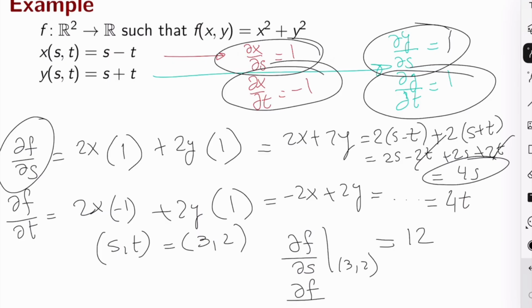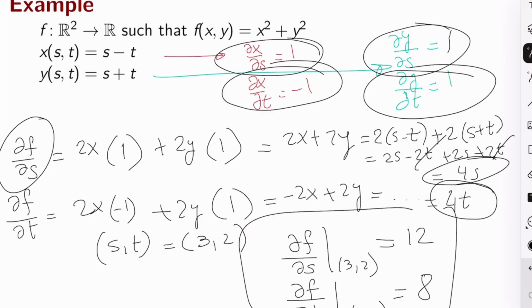And the derivative of f with respect to t evaluated at the same point will be this one evaluated at (3, 2). Well, t is 2, so 4 times 2 will be 8. So that will be the evaluation of the derivatives at this particular point p equals (3, 2).